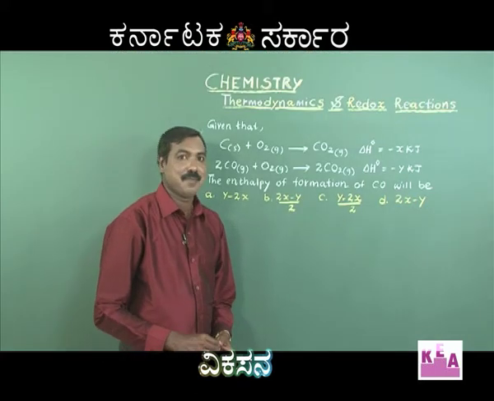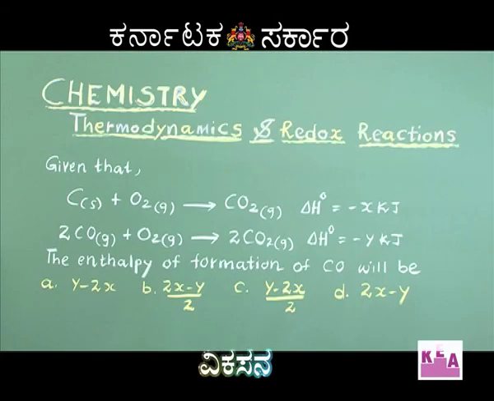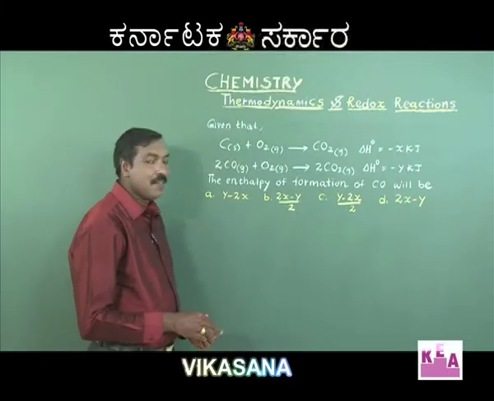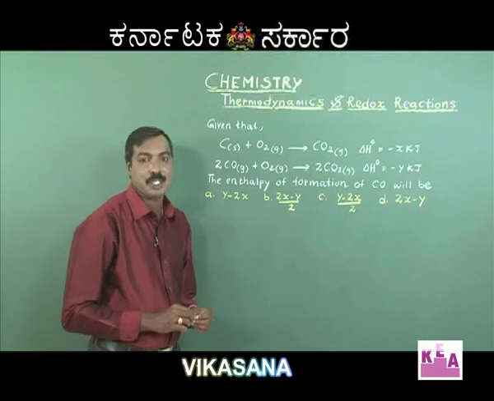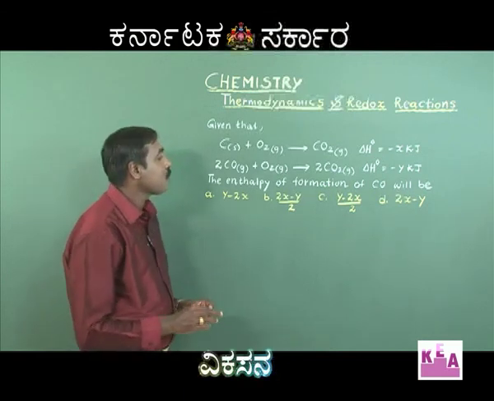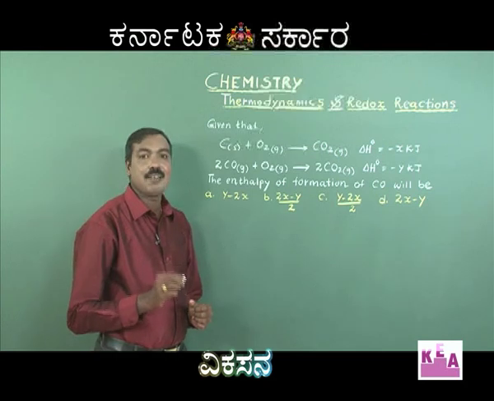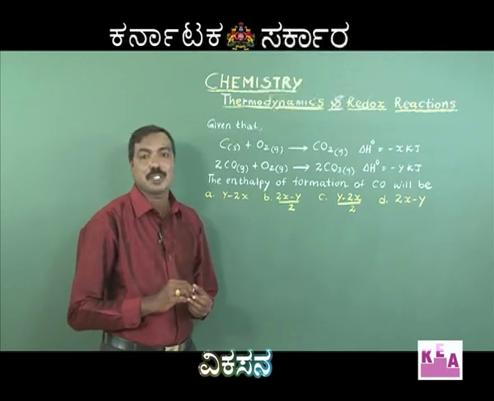Our next question. Given the enthalpy of combustion of carbon and carbon monoxide, what would be the enthalpy of formation of carbon monoxide? He has given the data for combustion of carbon and carbon monoxide and is asking you to calculate what would be the enthalpy of formation of carbon monoxide.